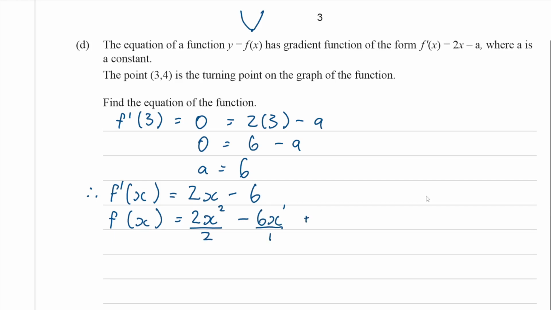Don't forget, plus c. There could be some constant, because when we differentiate, the constant goes away, but when we anti-differentiate, we don't know if there's a constant or not. But more cleanly, we can write this as x squared minus 6x plus c.